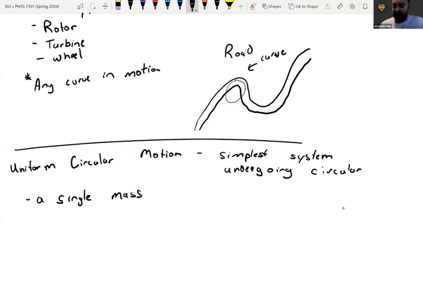This would be contrasted against something like a propeller, where you could say a propeller would be going in circular motion, but the mass of the propeller is distributed all up and down it. When I talk about a single mass, what I mean is that we're looking at this object as going in a circle, and all the relevant mass is at a single point in space on the path of the circle, rather than distributed up and down and going in circles of different sizes. So a propeller would have mass distributed all up and down the propeller.